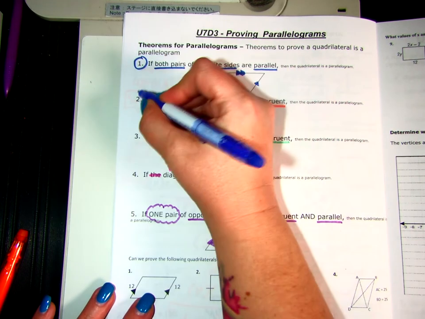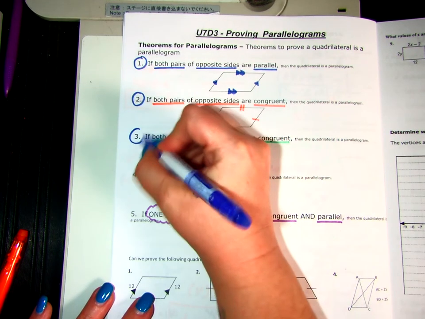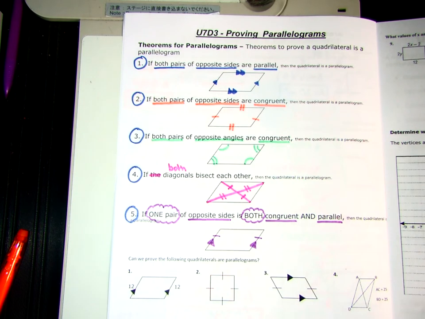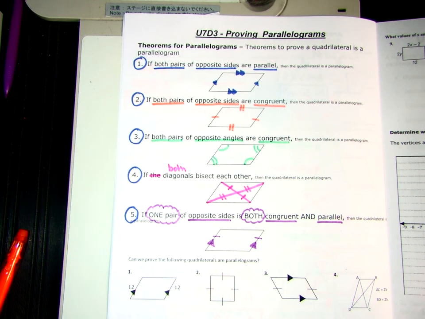But we're just going to refer to these as Theorem 1, 2, 3, 4, and 5, just to save us a little writing time. But again, if you were to, let's say, tomorrow you found out, oh, I'm going to O'Connor now, and they were doing the same lesson, they might not refer to this as Theorem 3, right? So you might have to write it out. Just keep that in mind.